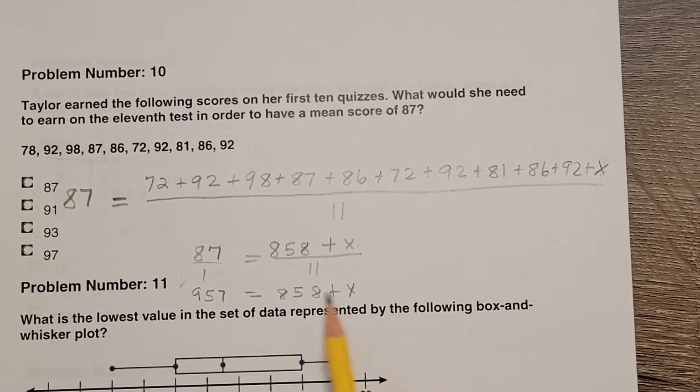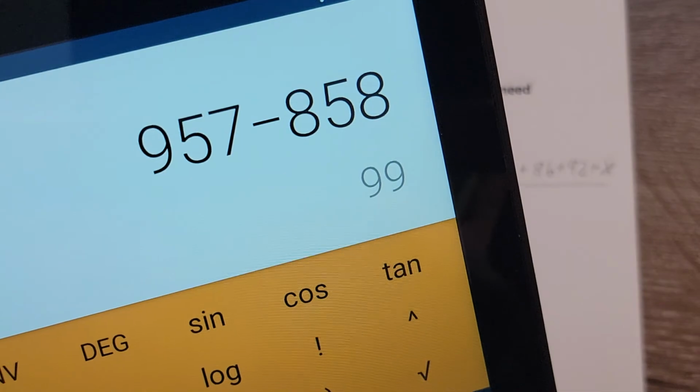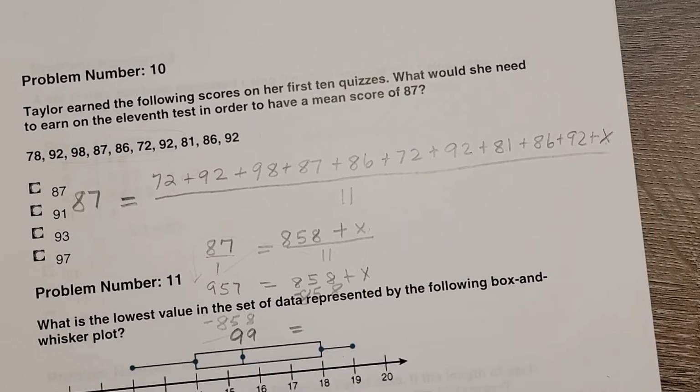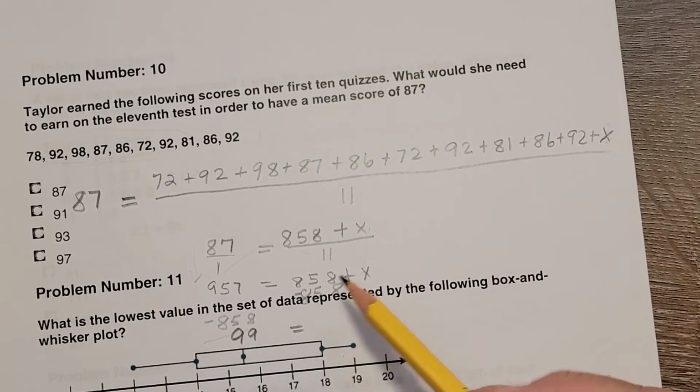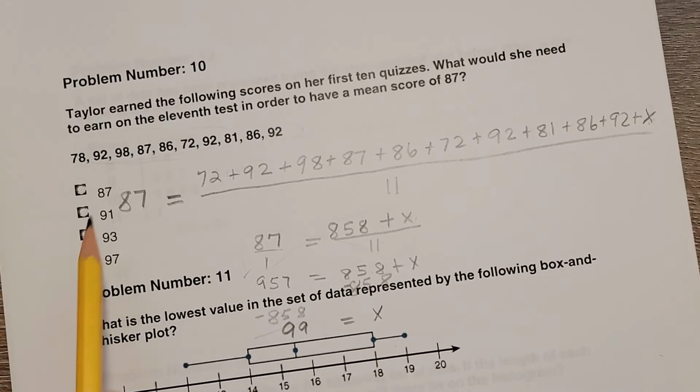Now we're down to one step, and since it's adding, we're going to subtract 858 from both sides. 858 minus 858 is 0, so all that's left is x. X equals 99.